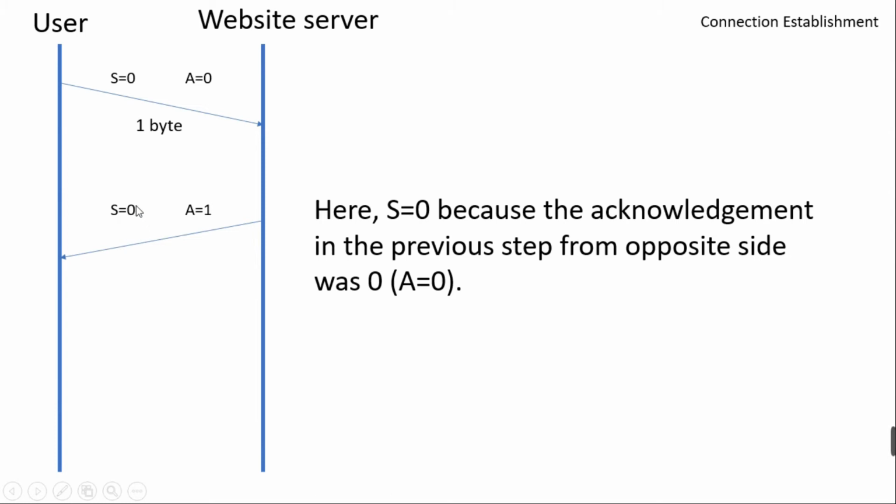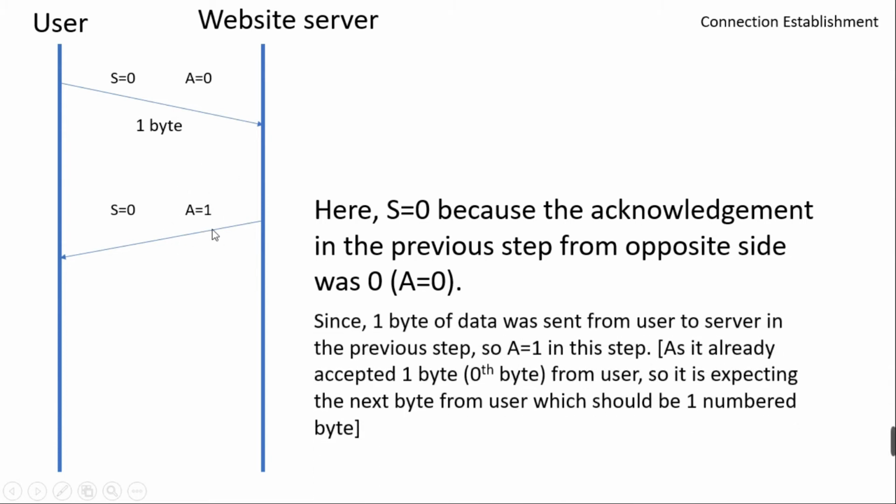I can verify it in another way: the acknowledgement number in the previous step from the opposite side was actually 0, so the sequence number here should be 0. And here you can see that the acknowledgement number is 1. Let me tell you why.